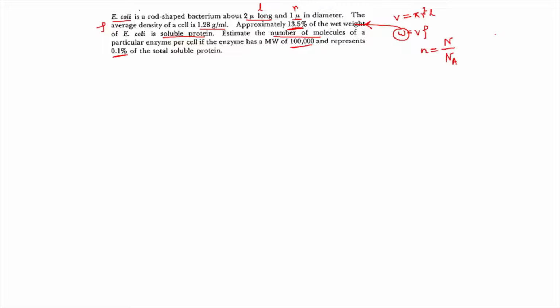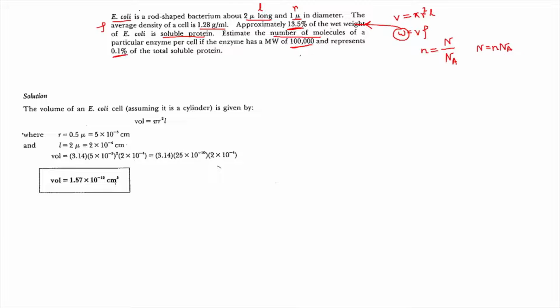So what will be the value of this n? It will be number of moles multiplied by the Avogadro number. Alright, so these are the formulas that you need while solving this sum. So first let us calculate the volume. Let us proceed step by step.